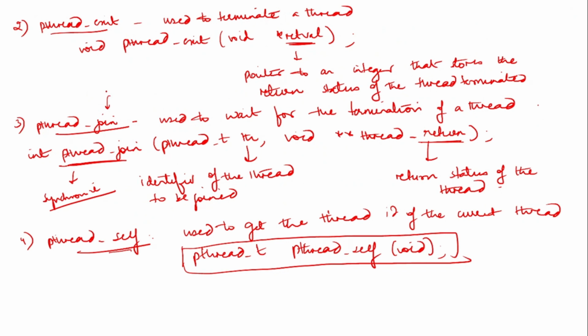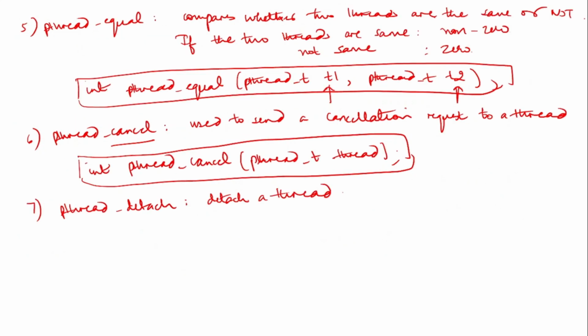Suppose the main thread and the newly created thread are joined so that we can achieve synchronization between the threads. But let's say I now want to detach them, so I can use this function pthread_detach in order to detach them. But once they are detached, that doesn't mean that they need some other thread to join. No, they can execute on their own also.